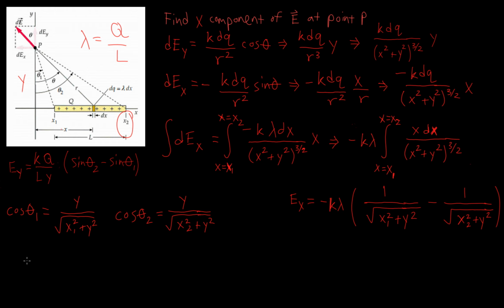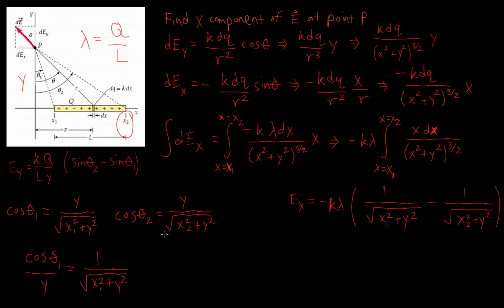And so doing that, we would get that the cosine of theta 1 divided by y is equal to 1 over the square root of x1 squared plus y squared.